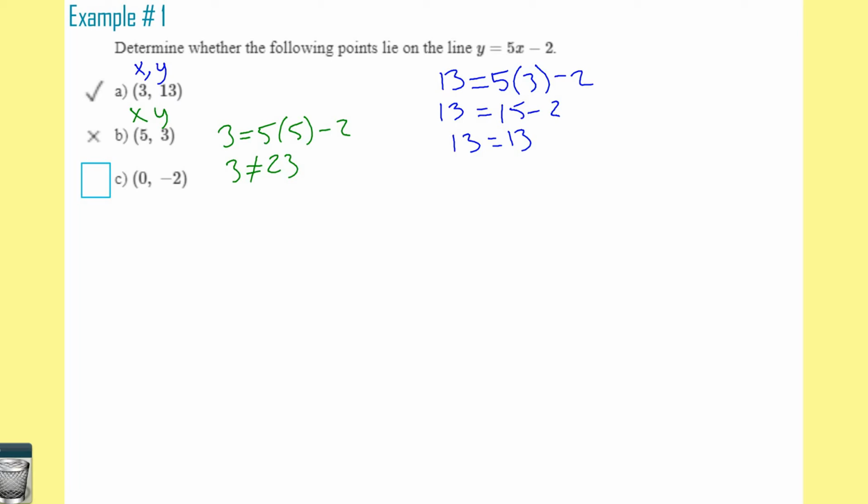Okay, last one. Let's check C. Make x 0 and y negative 2. So we get negative 2 is equal to 5 times 0 minus 2. And that is true. So we know that that point is on the equation, on the line.